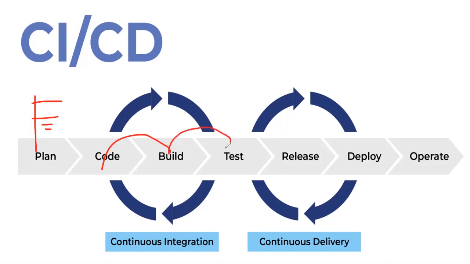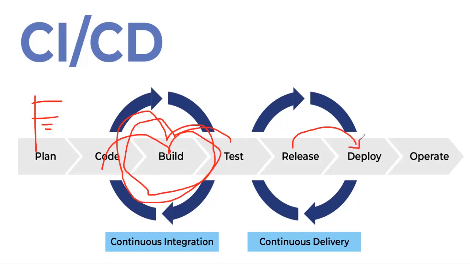If it is not successful, it fails. Again change the code, build it, test it, failing. Again take the code, fix it, build it, test it. Once it succeeds, you deploy into various staging environments and test it. Finally, you go for production deployment.